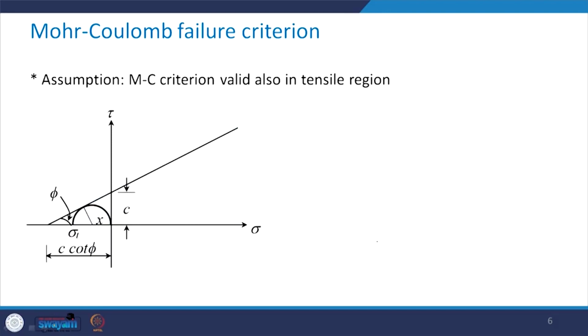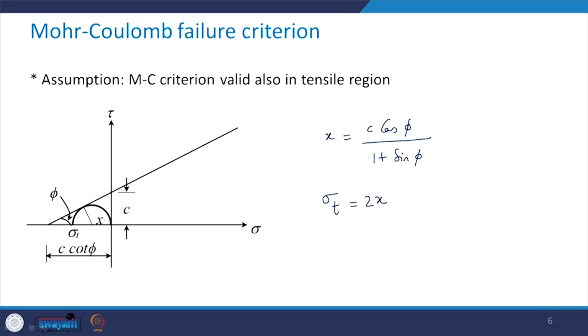Now let us have a look once again on this figure. If you apply simple trigonometry relationships, what you are going to get is x equal to c cos phi divided by 1 plus sine phi. And therefore this sigma t is equal to 2 times x.